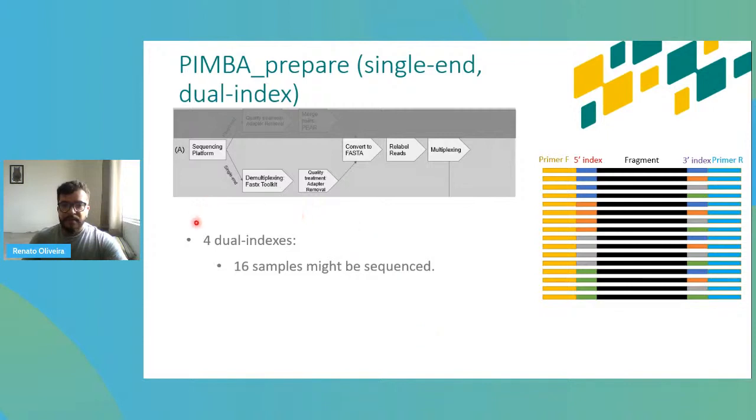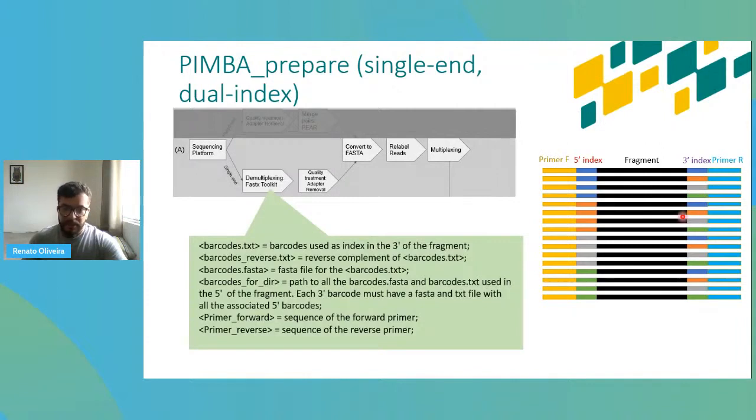With dual index, for example, if you use 4 dual indexes, instead of 4 samples, you can pool 16 samples. And this happens because each combination of the indexes will represent a sample in your data. And also, of course, this is a little more complicated, but if you inform all the parameters that PIMBA Prepare needs, it will be able to analyze this kind of data as well.